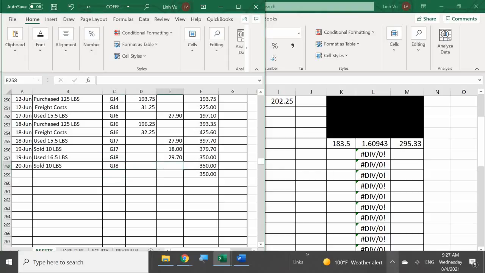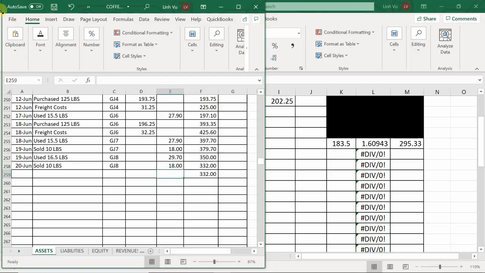That was at $1.08, $18, which gave a total of 332, which should match your inventory worksheet.